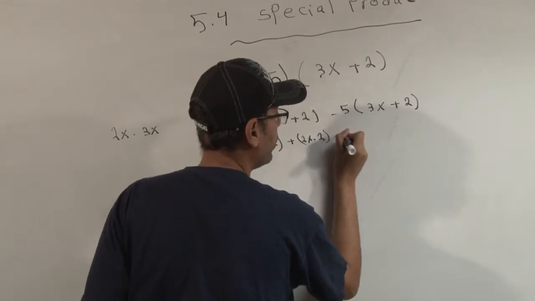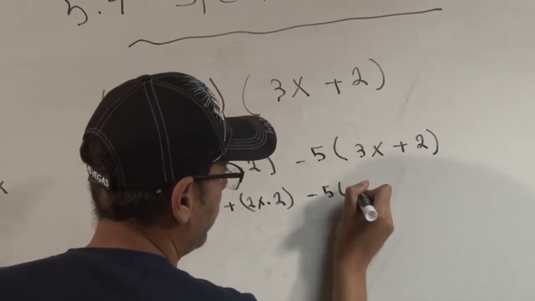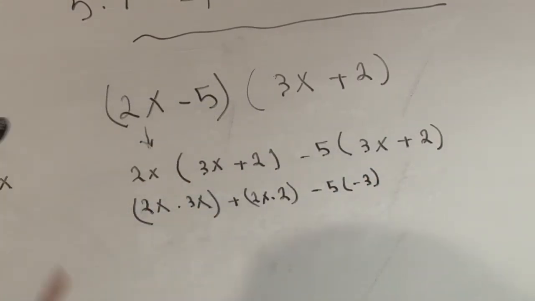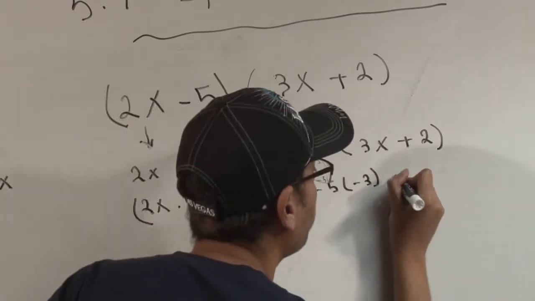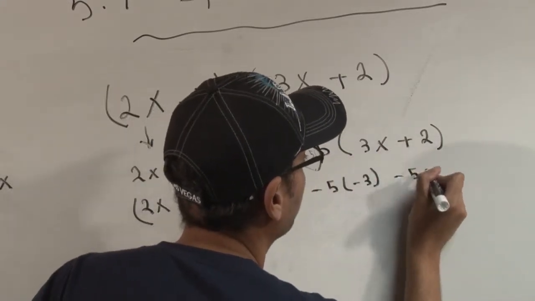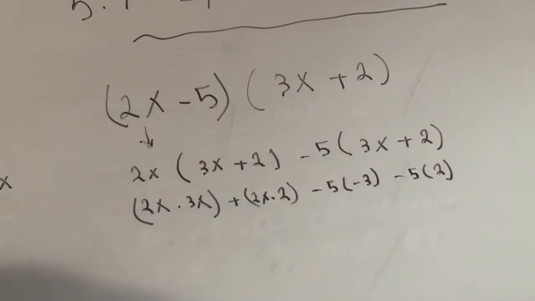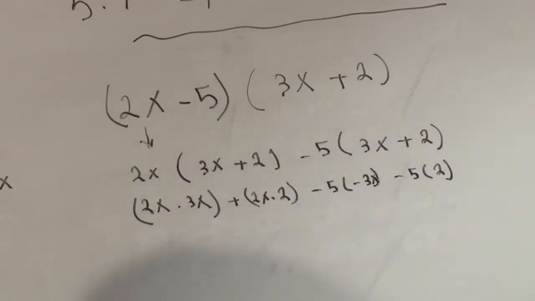Then minus 5 times 3x. And be careful here. This is plus, but here is minus. So minus 5 times 2, and negative 5 times 3x, correct?